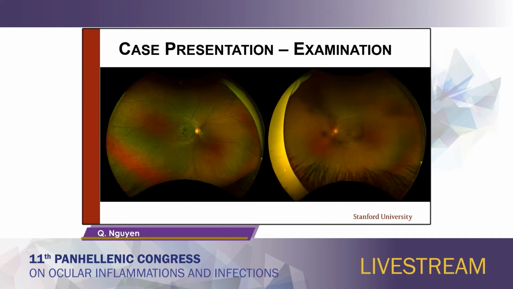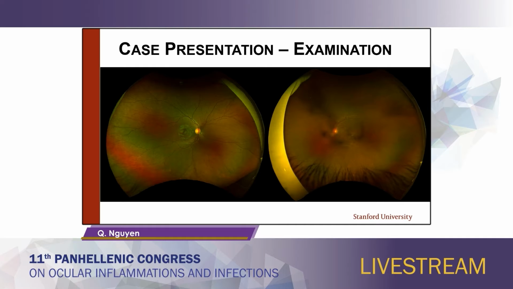Fundus examination revealed a clear vitreous and media in the right eye with normal optic nerve, macula, vessels, and periphery. In the left eye, there was 1+ vitreous haze and cellular debris. In addition, there was hyperemia of the optic nerve and sheathing of various vessels.